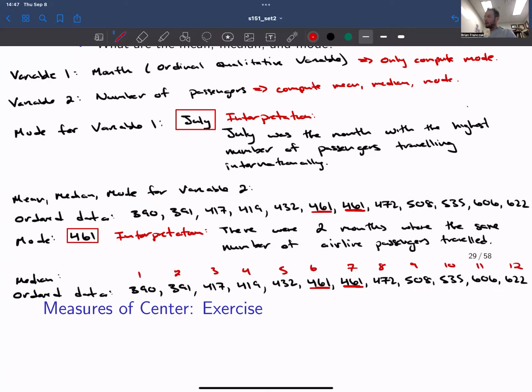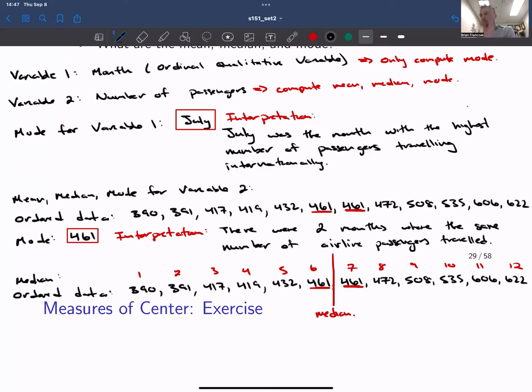Okay. Now the median, as we know, is the value that splits the data into 2 equal halves. So we have 12 values. So the median is going to be right here. Right? And on each side of the median, we have 6 values, and therefore that's split into an equal half, right? 12 values total, split in half gives us 6 and 6.